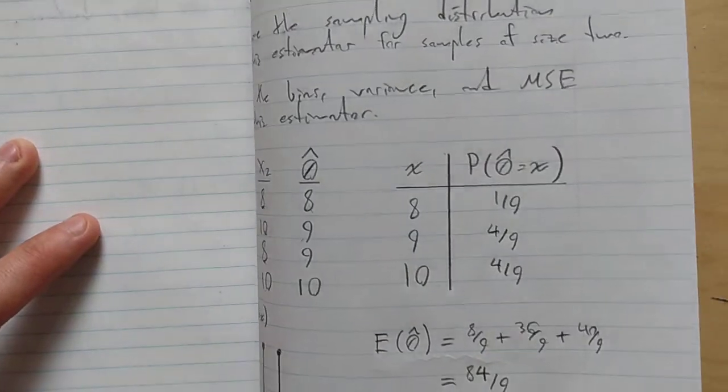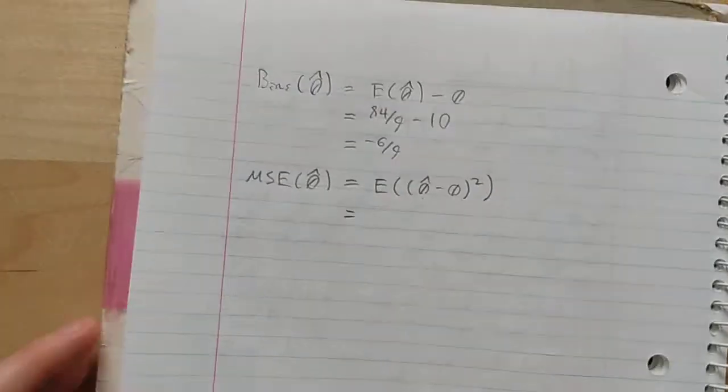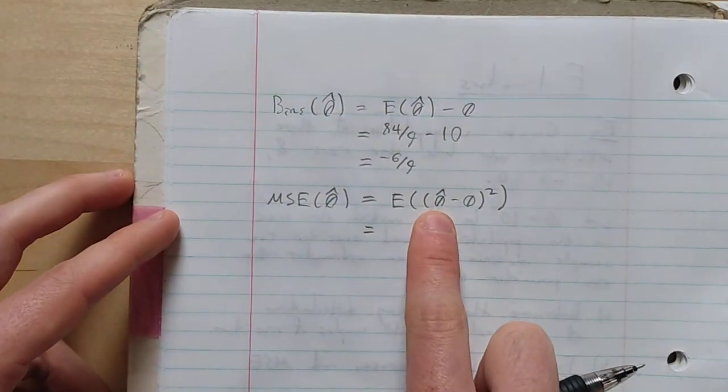So I'm going to start with theta hat equals 8, the smallest value of theta hat. 8, 9, and 10.